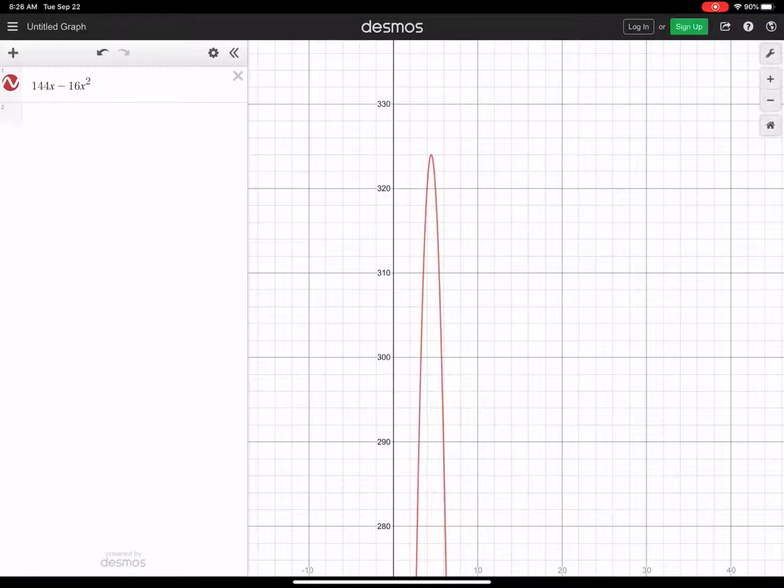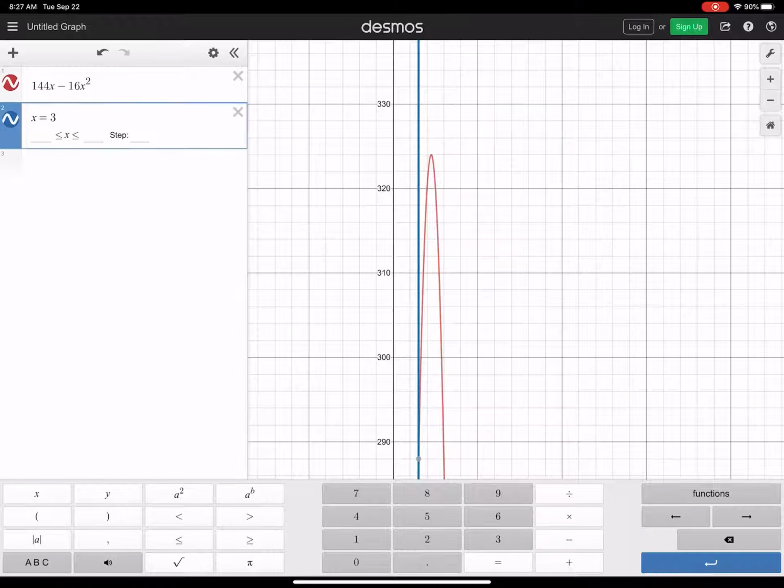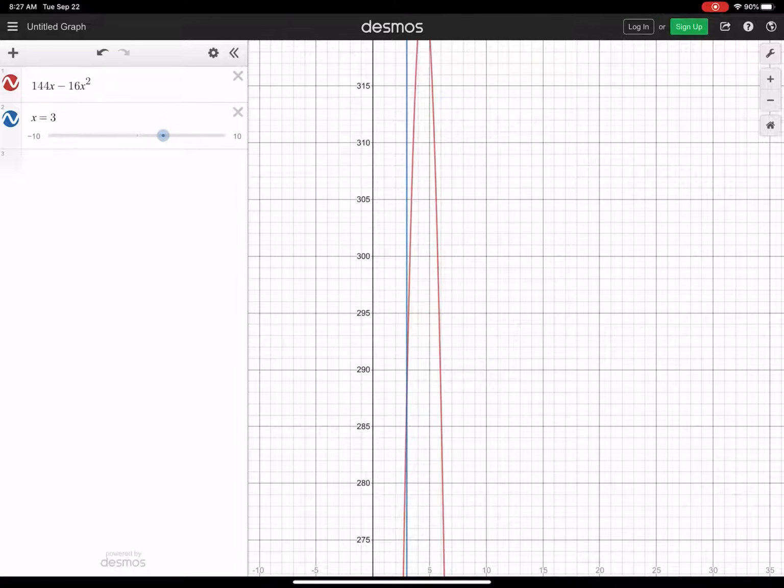All right. So first, the height of the ball after 3 seconds. So after 3 seconds have passed, so remember time is x, okay? So what I'm going to do is I want to know if x or t equals 3, okay? So I'm just going to put x equals 3 in the equation. And I'm going to zoom in here.